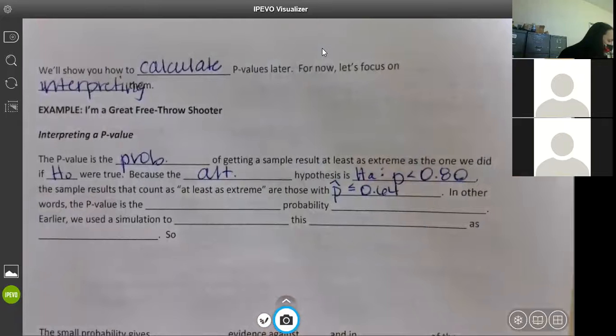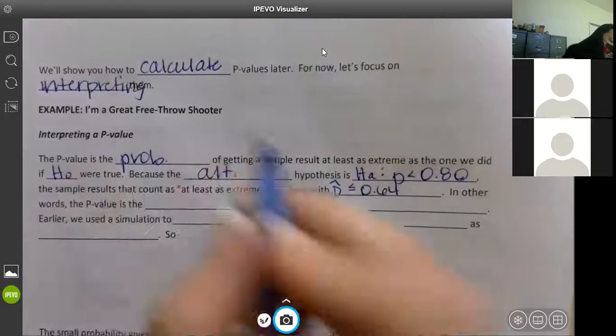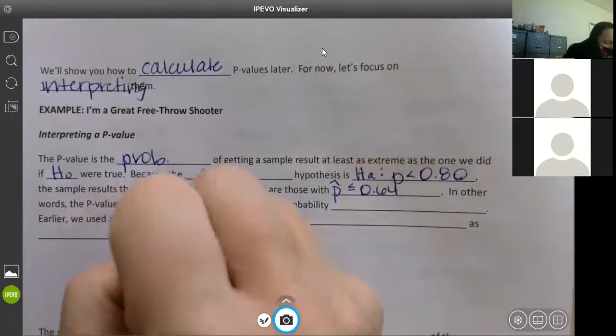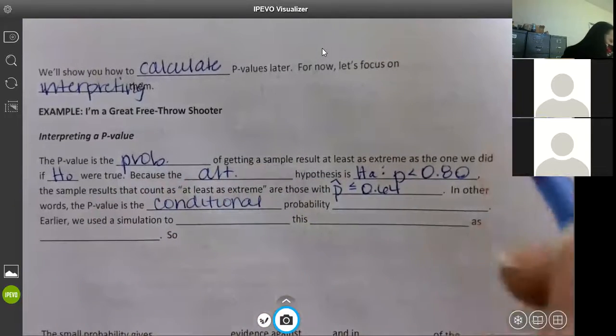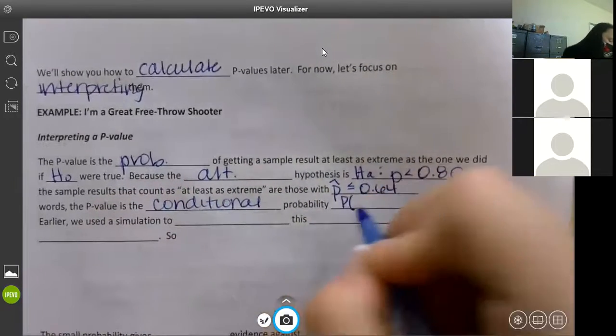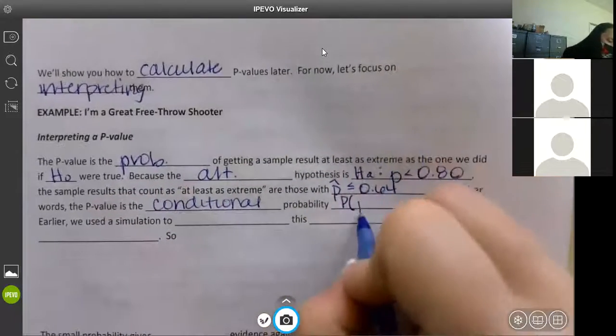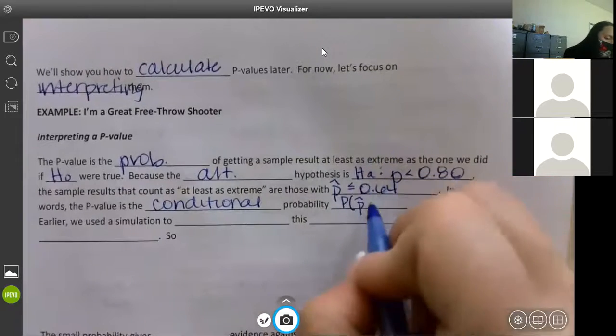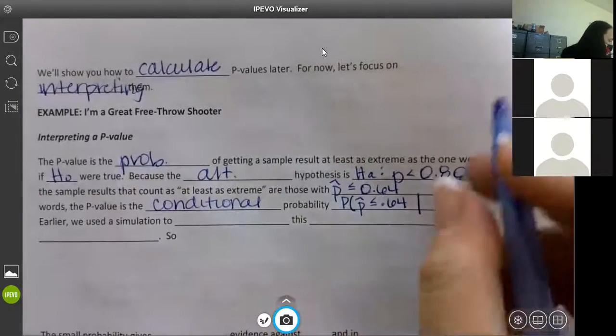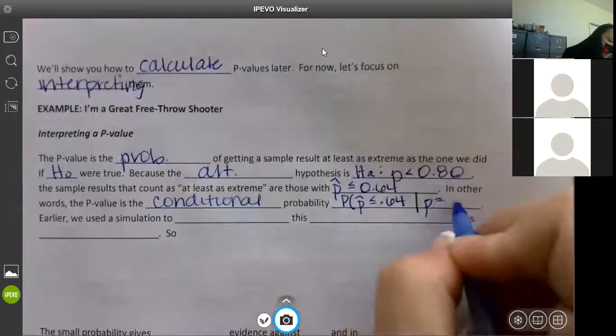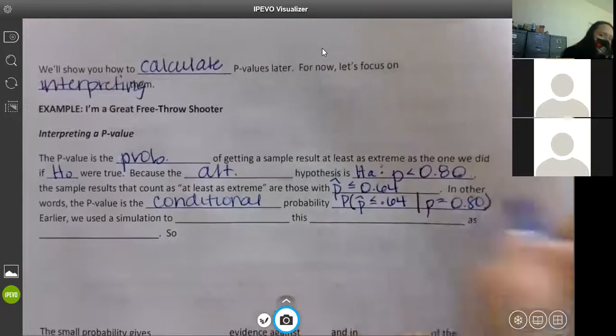In other words, the p-value is the conditional probability that p hat is less than or equal to 0.64 given that the probability is 80.